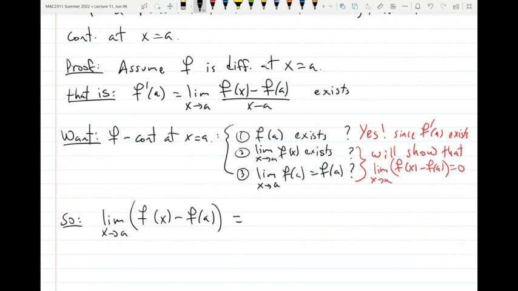So now I want to bring that into the picture, so I can do a little trick. x approaches a, but it's not equal to a, remember. So x minus a is actually not equal to 0. Close to 0, but it's not equal to 0 because x is not a. Do you understand this? We're approaching it. So I can divide by x minus a. So what I'm going to do is multiply top and bottom by x minus a. Why? Because I want to bring this guy into the mix. Okay? So let's multiply top and bottom by x minus a.